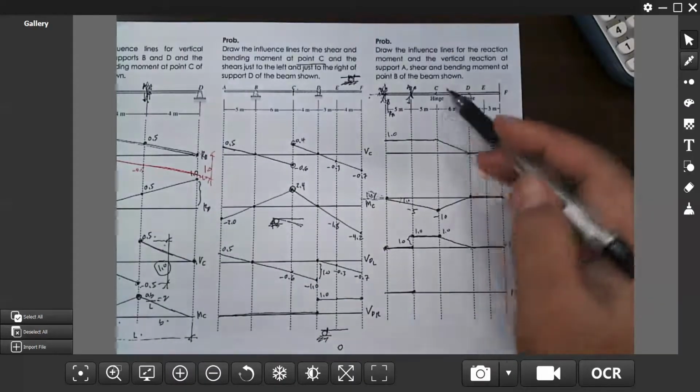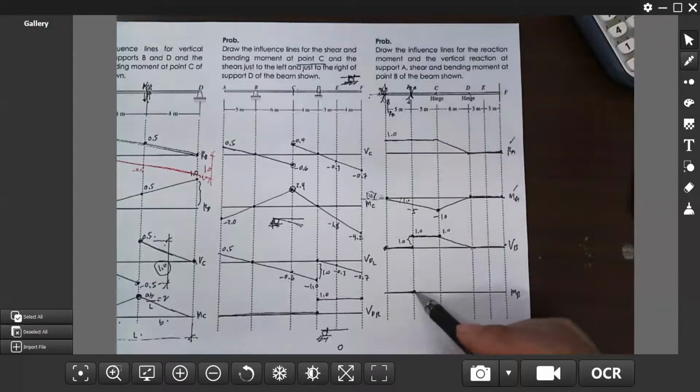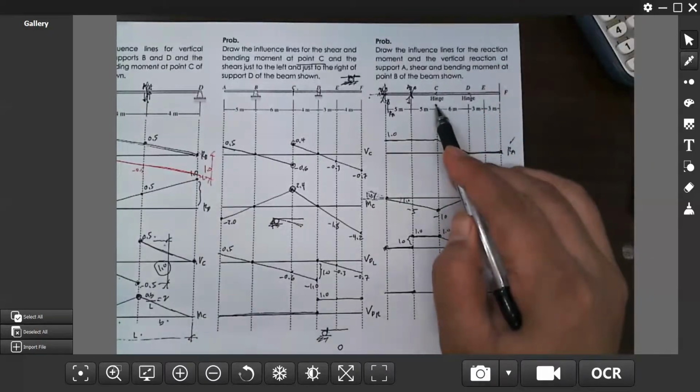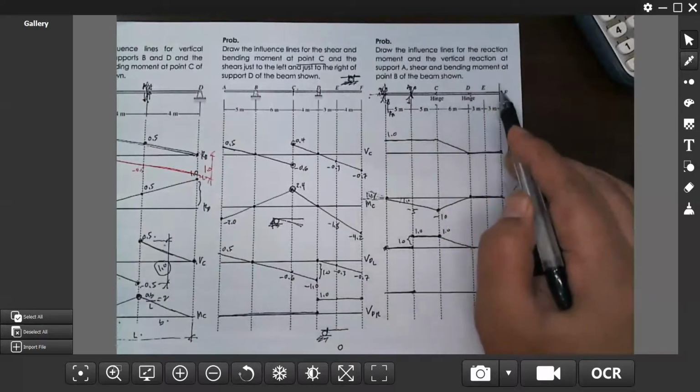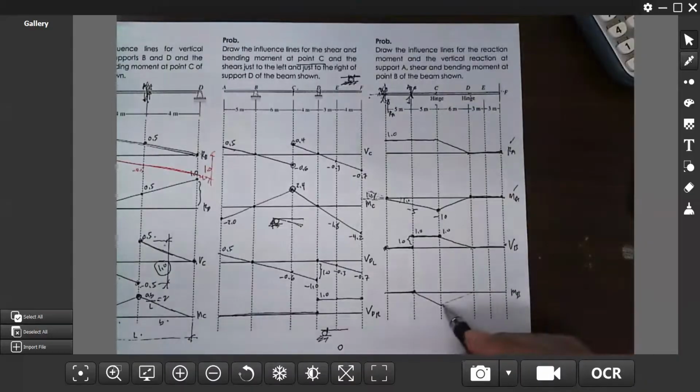So, dili mahitabo nga inig-rotate na mana siya dire. So, inig-rotate na kini C mo ma-displace pa ubos. And then kini as is ni kay fix.